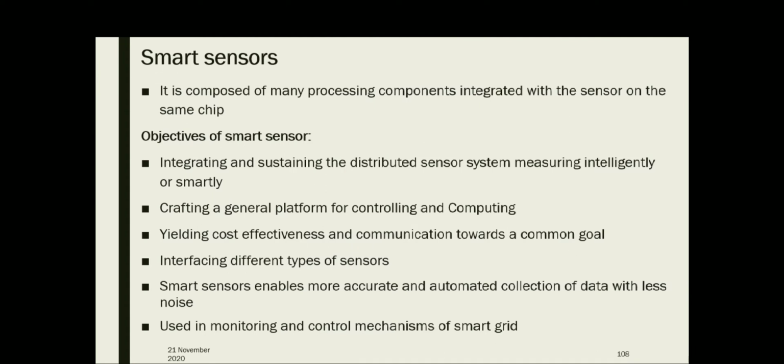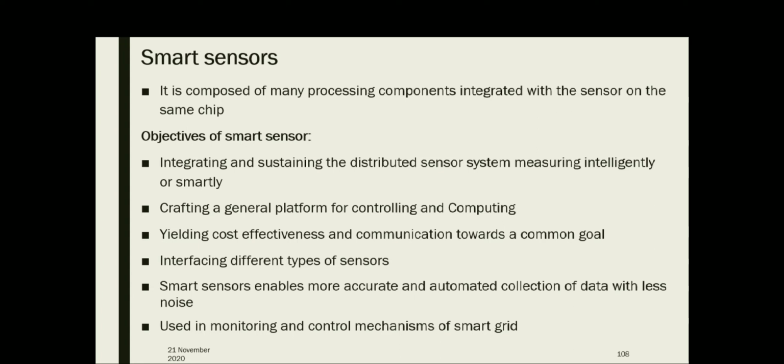A smart sensor is composed of many processing components integrated with the sensor on the same chip. The objectives of smart sensors are integrating and sustaining the distributed sensor system, measuring intelligently or smartly, and crafting a general platform for controlling and computing.